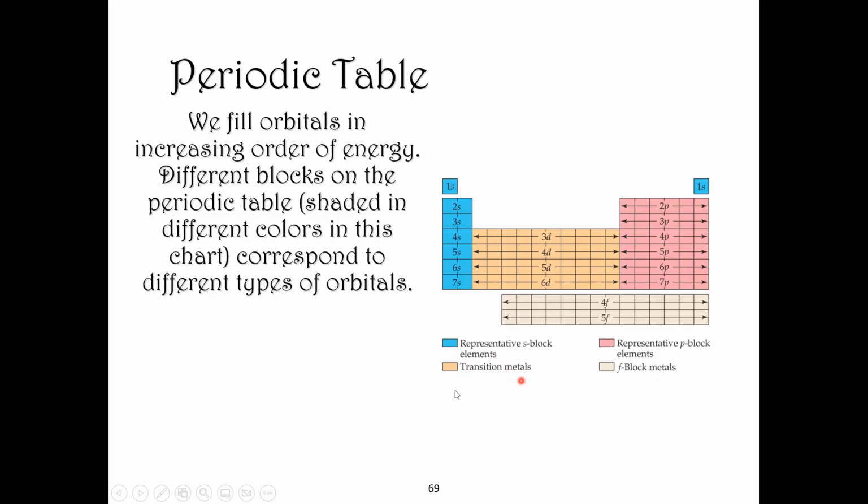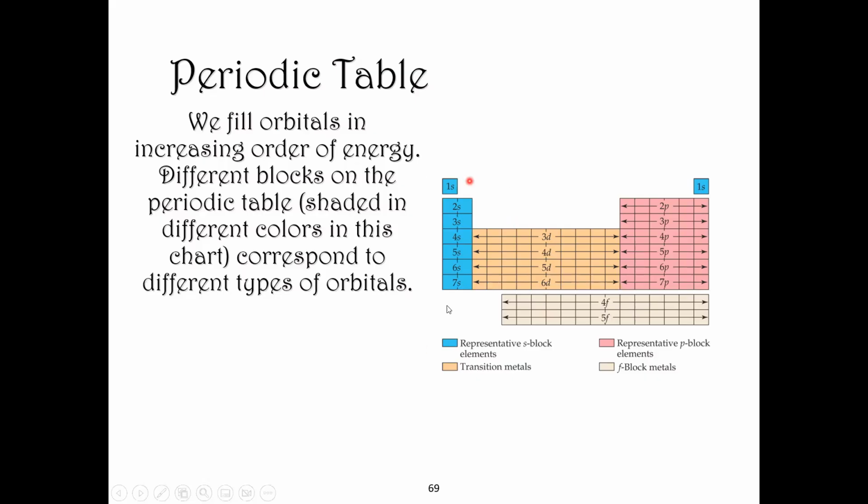And then it's labeling it transition metals here, but that could also just be the D block because that's going to be where we see these different orbitals. As we're writing out that spectroscopic notation, we can use this to see where those electrons are going to be located as we go from one element to the next element.